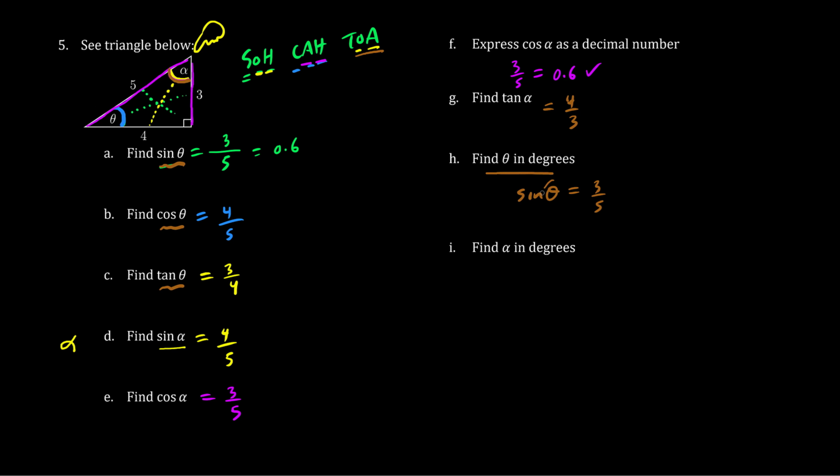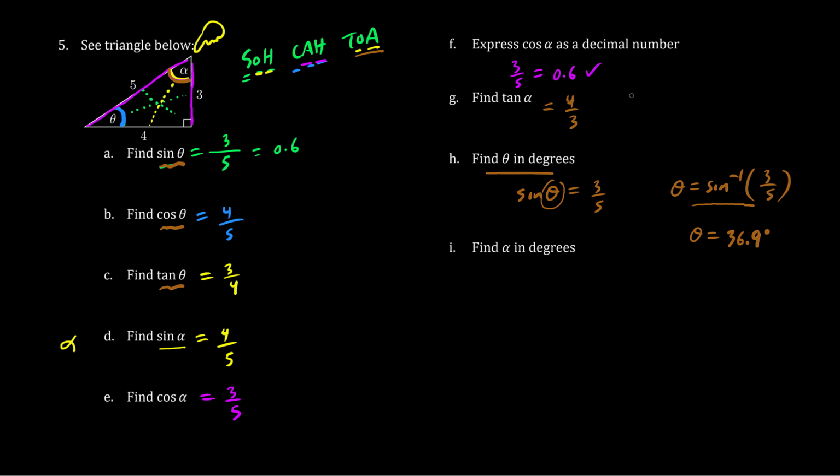To reveal this golden egg, we simply hit the sine inverse button. You take the sine inverse of 3 over 5 and use your calculator. Without a calculator, this is a completely acceptable answer, but using your calculator in degree mode, we get approximately 36.9 degrees.